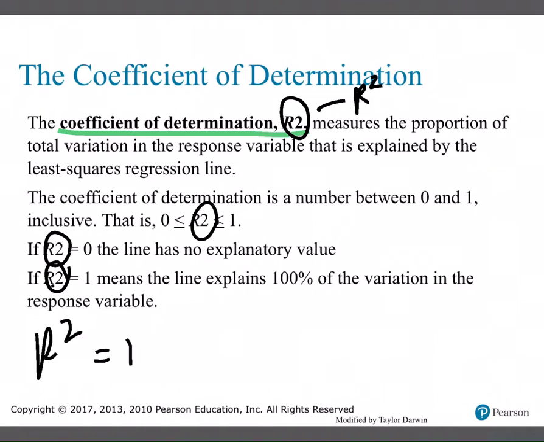It can also be little r squared, and it's very similar to the correlation coefficient, but with one big difference: it's the correlation coefficient squared. The other difference is that r is between -1 and 1, and r squared is between 0 and 1. The closer it gets to 0, we can say it has no explanatory power, and if it's closer to 1, we can explain some of the variation that's going on.